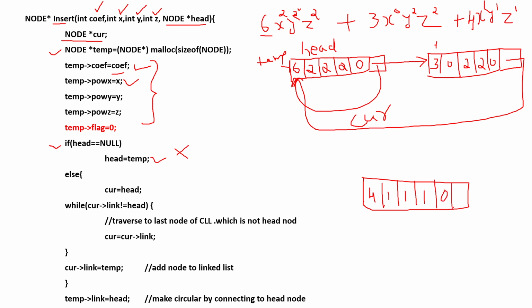We'll see this one. Is head null? No, our linked list is not null. So I'll be using one current variable. This current is pointing to the current one. Is current of link head? Current of link is not head.